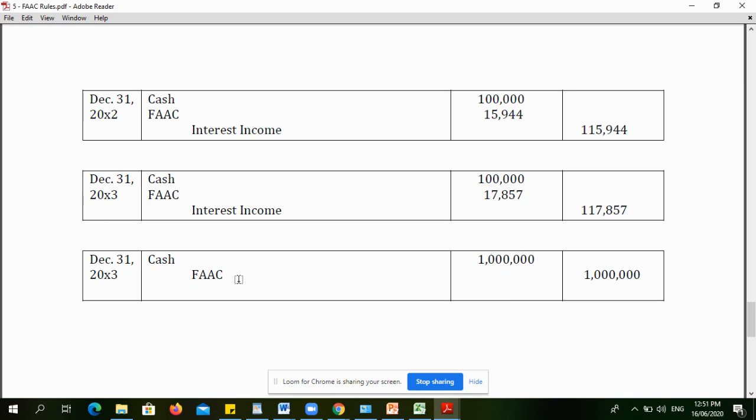Because again, remember the model for FAAC. FAAC is the collection of the principal, which is the 1 million pesos, and the yearly interest, which is 100,000 pesos. So what is the conclusion of this?